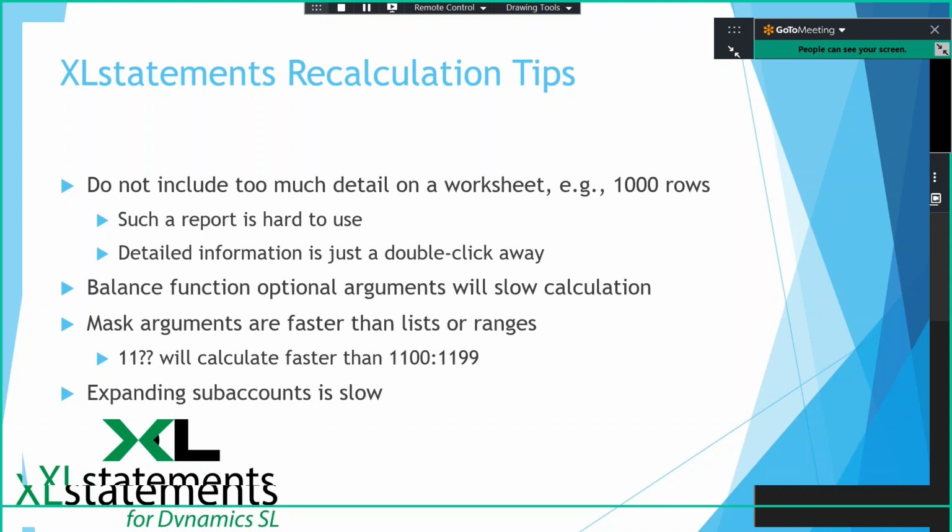I mean, I've seen worksheets with thousands of rows because they've got not only accounts, but a separate row for like every sub account under each account. And I'll just tell you that a report like that, that's not particularly usable. You're scrolling up and down, you just got a tremendous amount of data to try to look through.